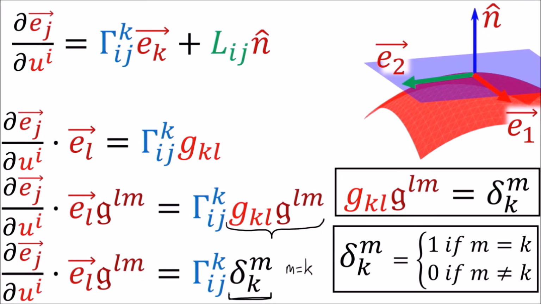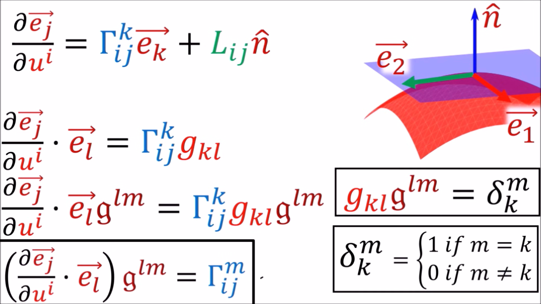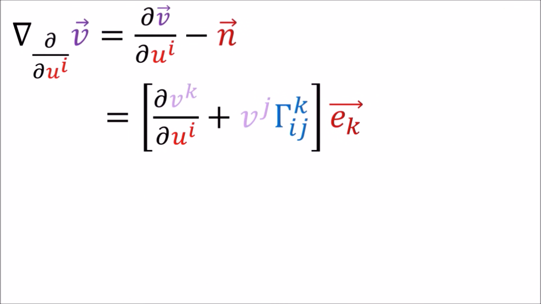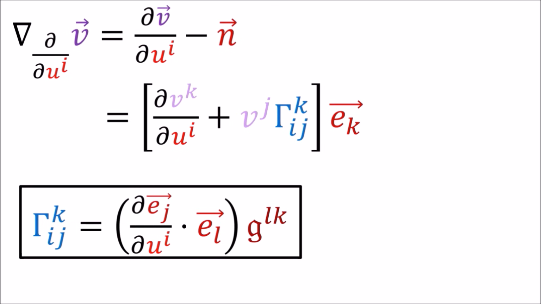All the other summation terms would go to 0. So we can cancel out these k indexes and just write m here. And so this is our formula for the Christoffel symbols. So we finally know how to compute the covariant derivative of a vector field on a curved surface. We just use this formula here where the Christoffel symbols are defined here.